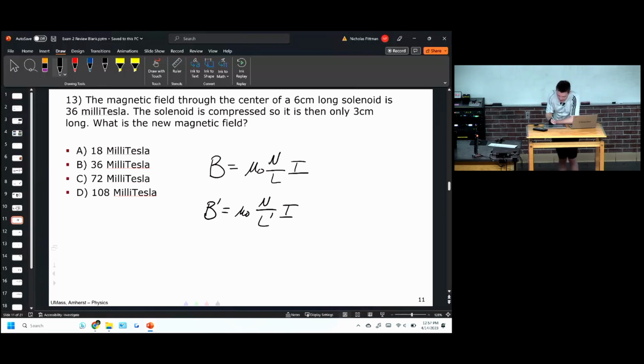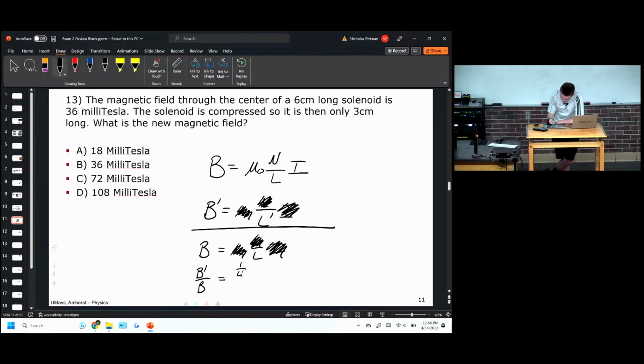So I'm going to divide the B prime equation by the B equation. I'm going to divide the left-hand sides by each other, and the right-hand sides by each other. But since I haven't changed n or I, pretty much everything cancels, except for the L's and L primes.